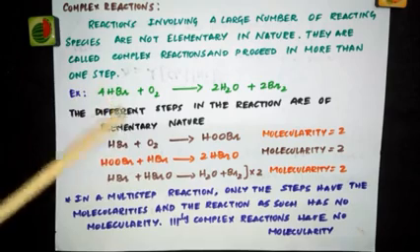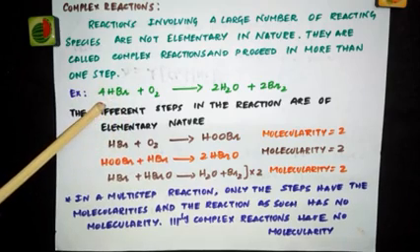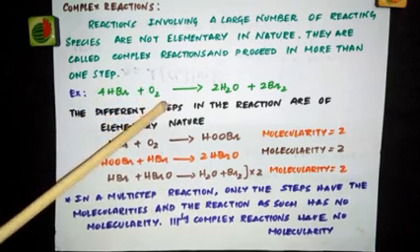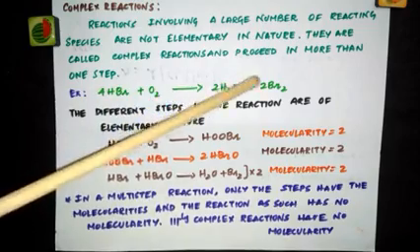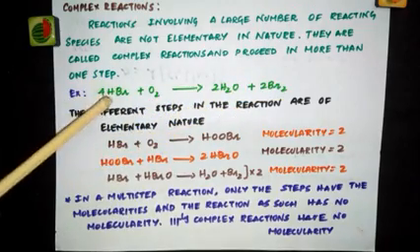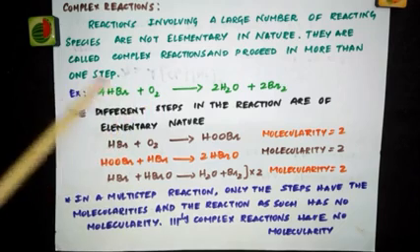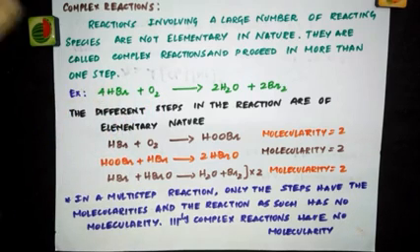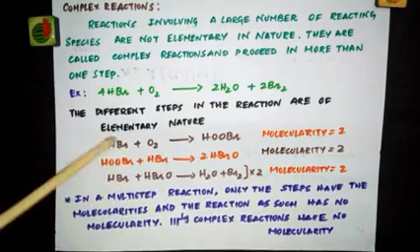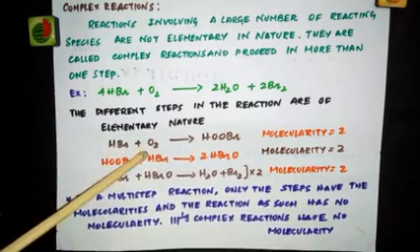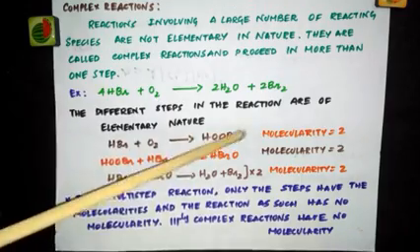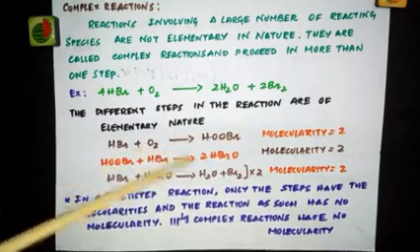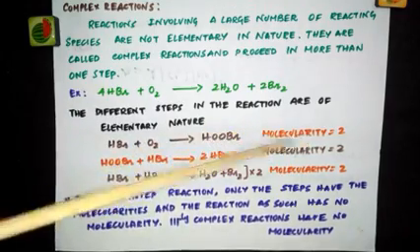So we have a large number of reacting species. Look at this example, 4HBr plus O2 giving you 2H2O plus 2Br2. This reaction proceeds in many steps. The different steps involved are: HBr plus O2 first gives you HOOBr, and for this step the molecularity is 2.